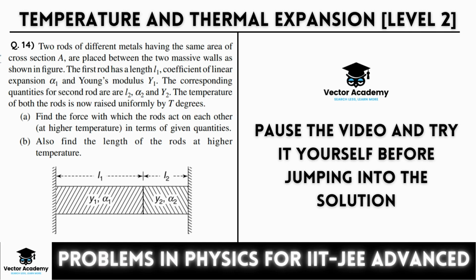The corresponding quantities for the second rod are L2, alpha-2 and Y2. The temperature of both the rods is now raised uniformly by T degrees. Find the force with which the rods act on each other at higher temperature in terms of given quantities.